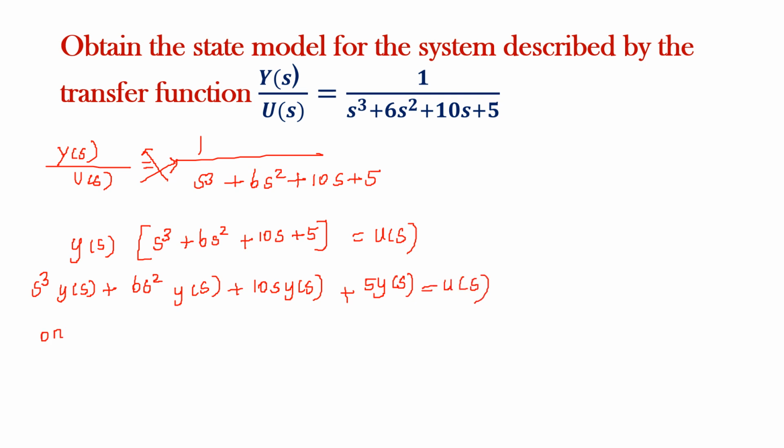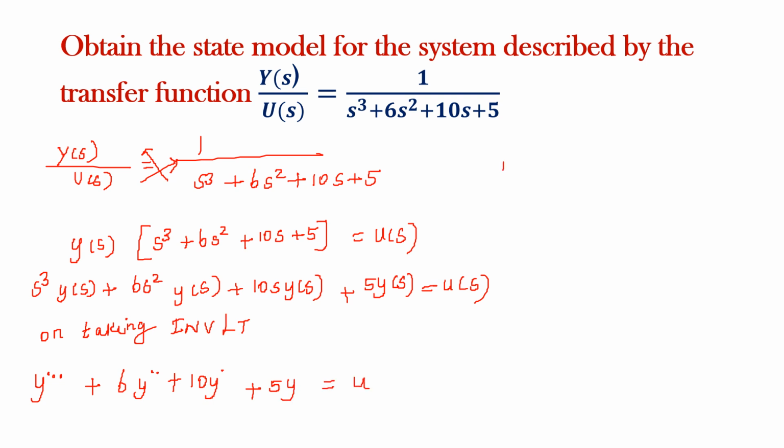On taking the inverse Laplace transformation of the above equation, we get y triple dot, which means d cube y by dt cube, plus 6 into y double dot plus 10 into y dot plus 5 into y equal to u.